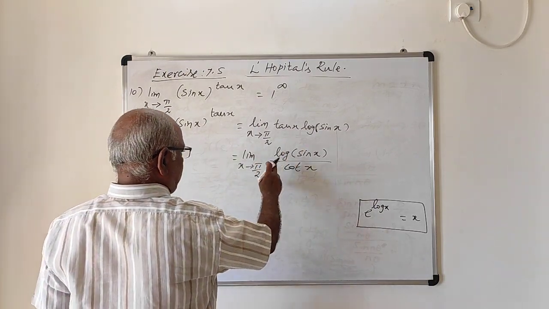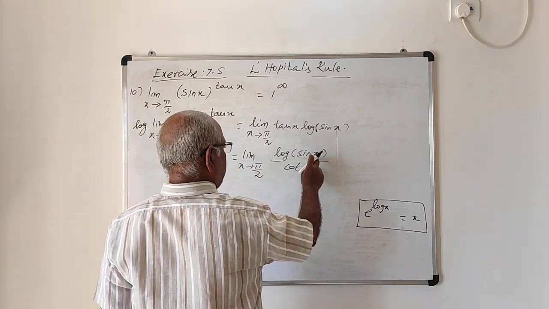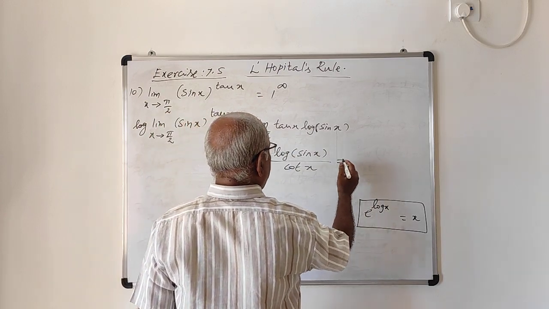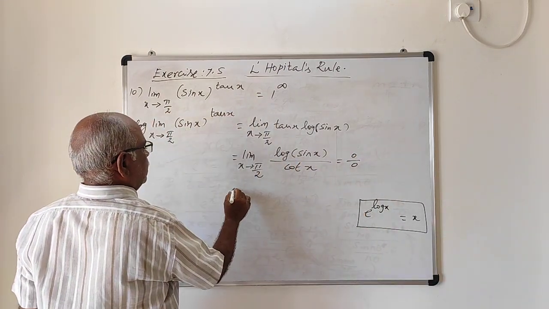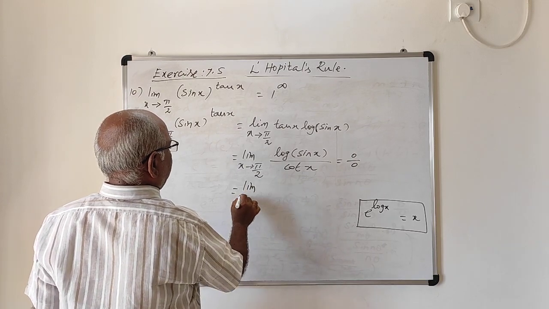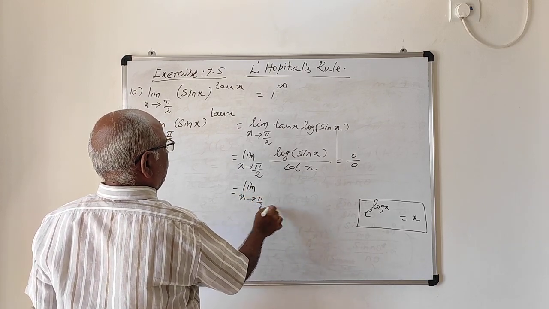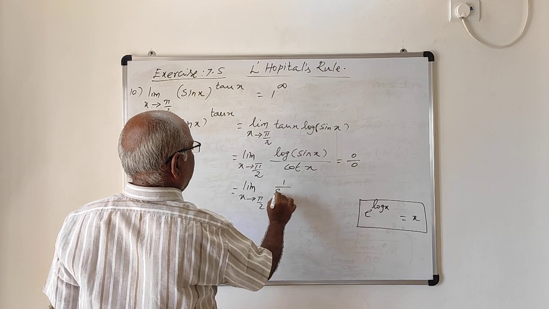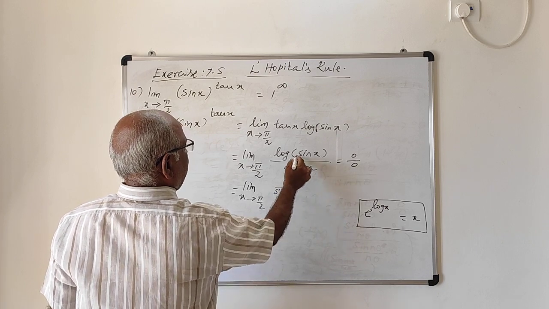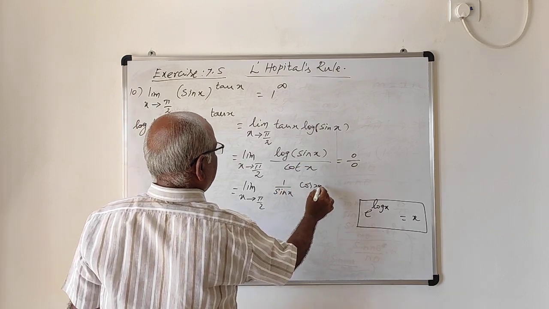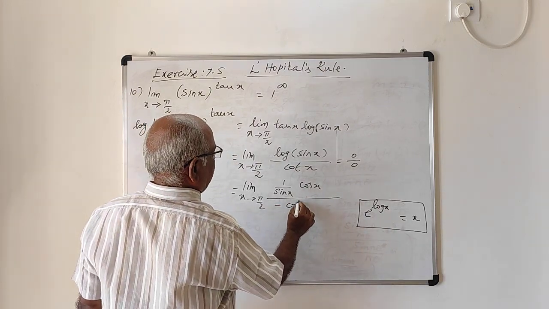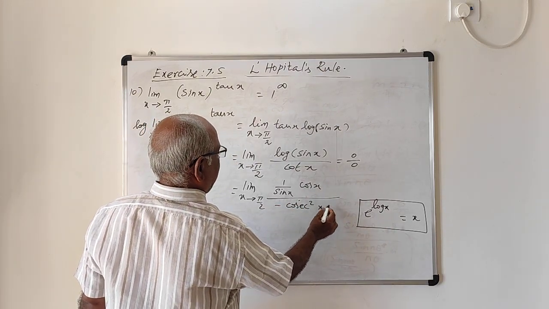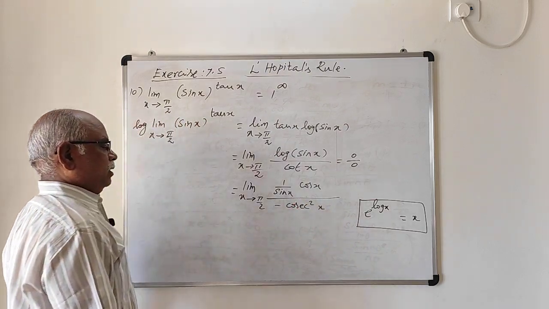Now applying the limit, sin 90 is 1, log 1 is 0, cot 90 is 0, so it is a 0 by 0 indeterminate form again. So we apply L'Hopital's rule. The limit x tends to pi by 2: the derivative of log sin x is 1 by sin x into the derivative of sin x, which is cos x, divided by the derivative of cot x, which is minus cosecant square x.